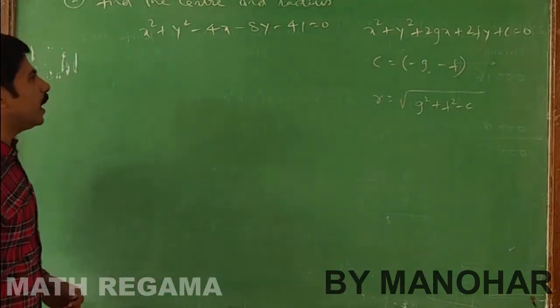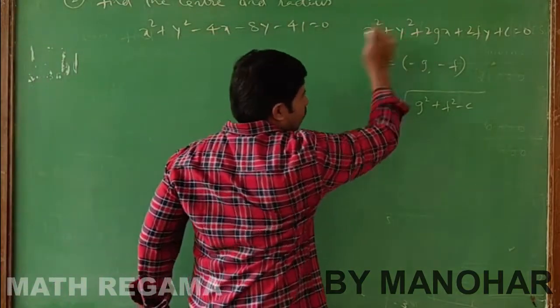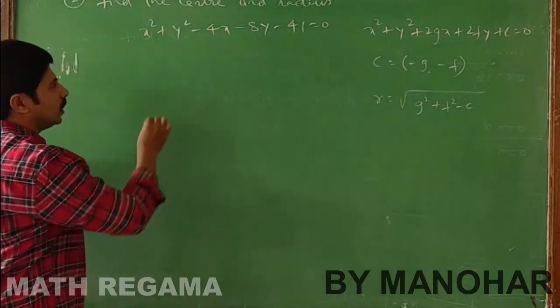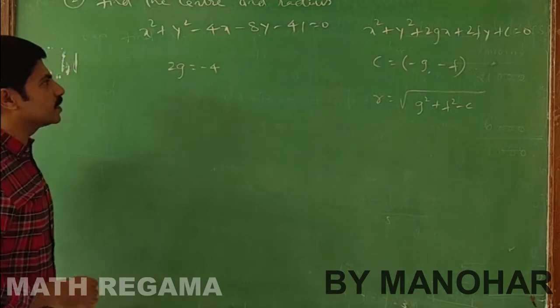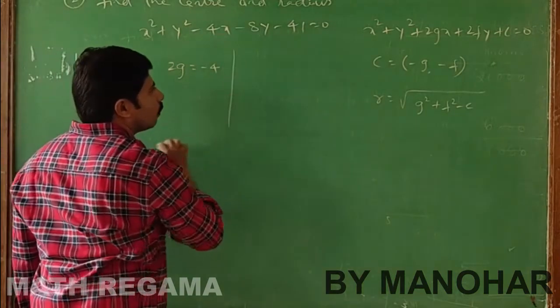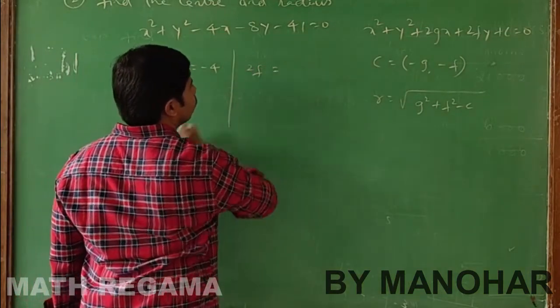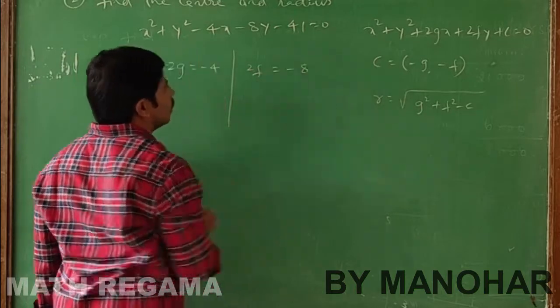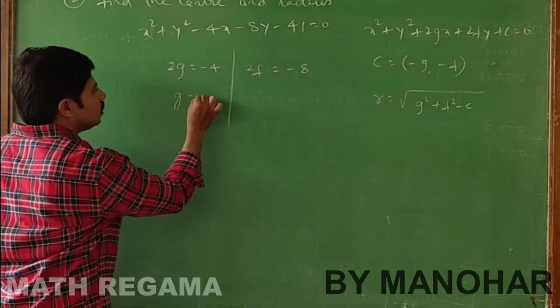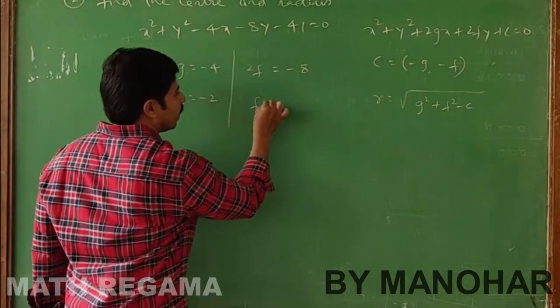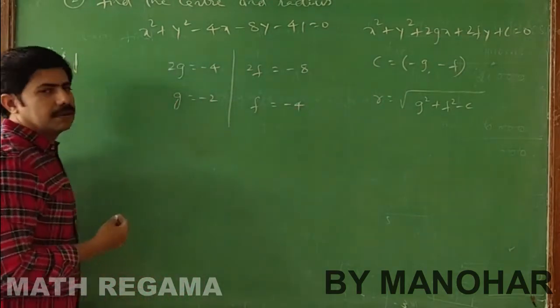If you compare the given equation with the general equation, what is the coefficient of x? 2g. And here the coefficient of x is minus 4. Then the coefficient of y? 2f. And here the coefficient of y is minus 8. So what is g value? G value is minus 2, f value is minus 4.